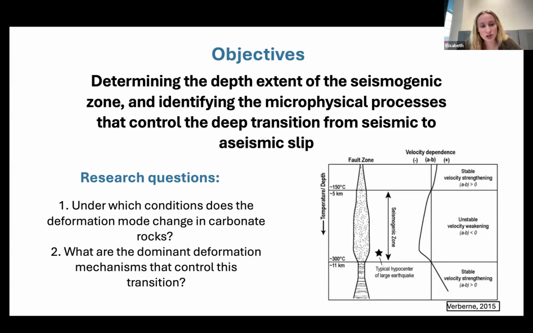The questions I'm trying to answer are: under which conditions does the deformation mode change, and what is the dominant deformation mechanism that controls this transition?